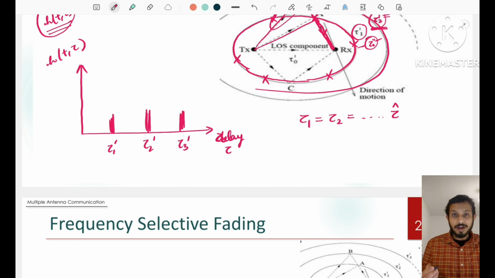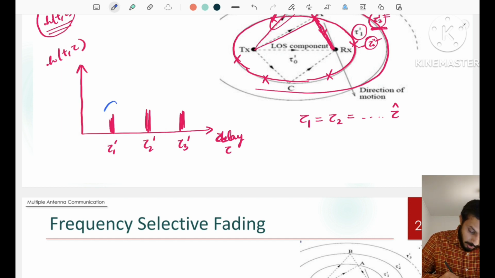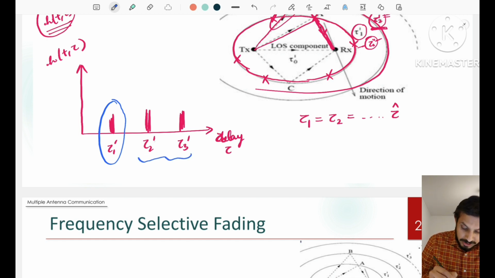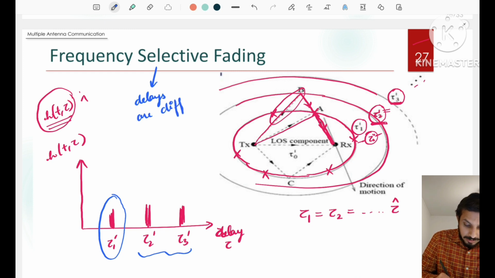Earlier in flat fading, what we were getting was only at tau 1 dash. But now we also have to consider tau 2 dash and tau 3 dash. That means in frequency selective fading, the delays are different and they are distinguishable.